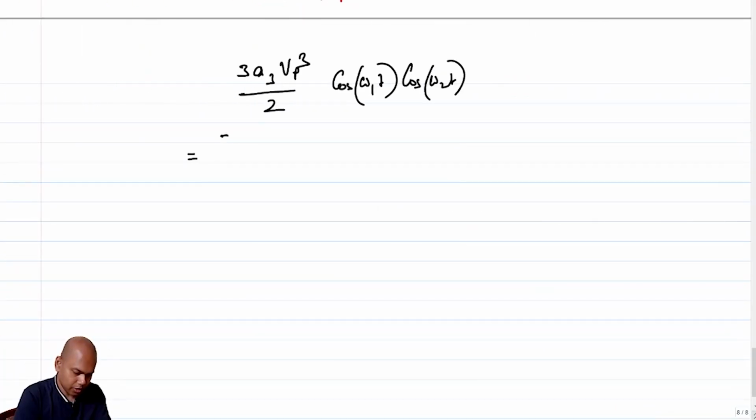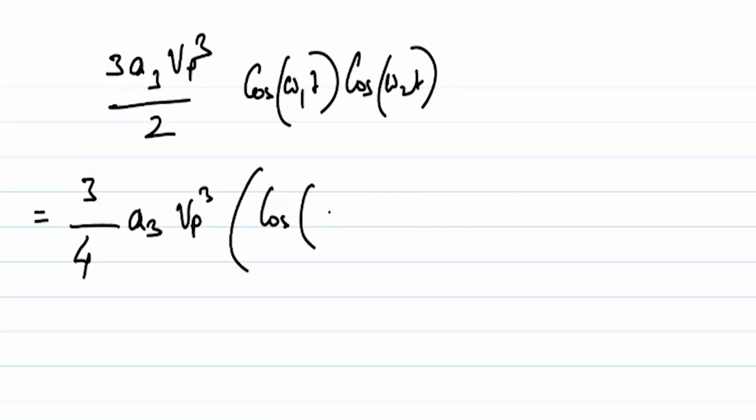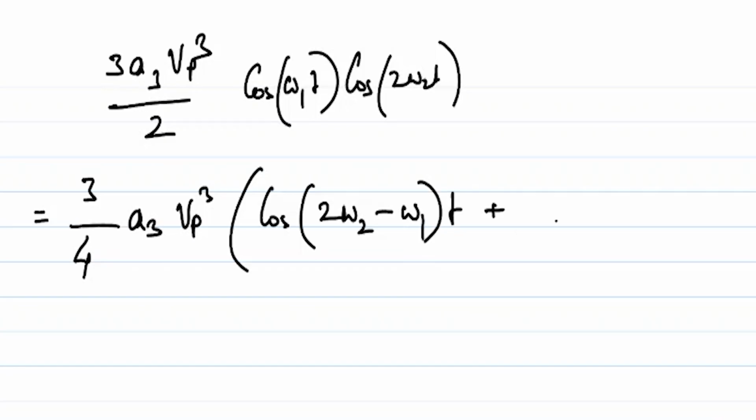You can use the classical trigonometric identities. I'm going to get cosine 2 omega 2 minus omega 1t plus cosine 2 omega 2 plus omega 1t, right?